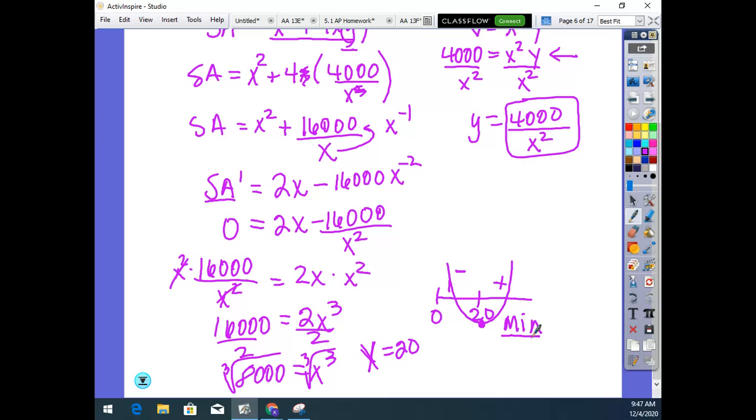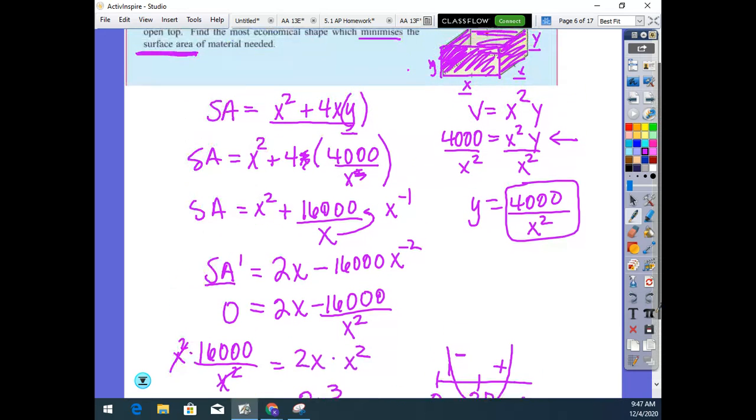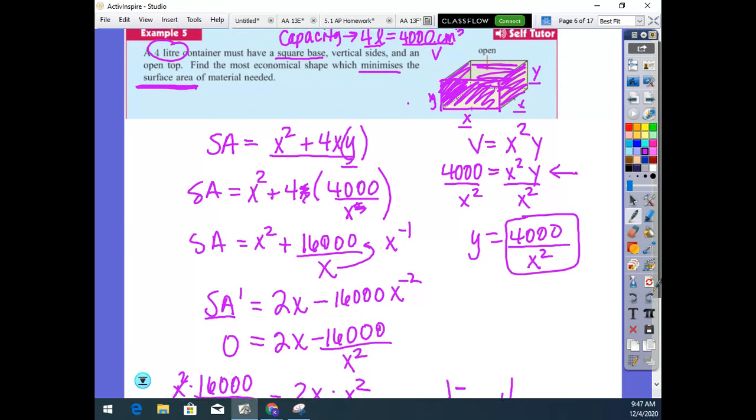Okay. So then what we've got, let's go back up and look at the problem. We want to find the most economical shape that minimizes the surface area. So this is where x is 20. So x and x, these are both 20. If this is 4,000, my y is going to be 4,000 divided by 20 times 20. 20 squared is 400, which gives 10.